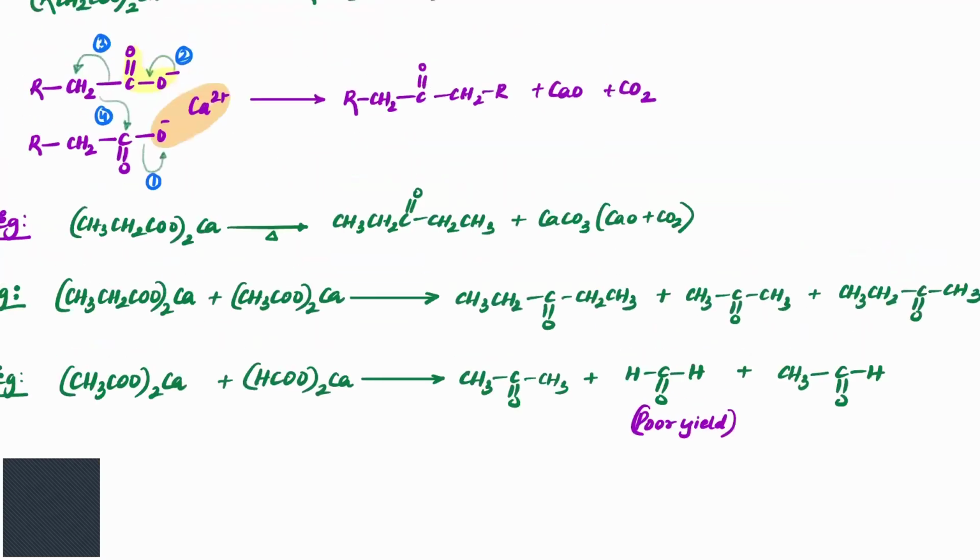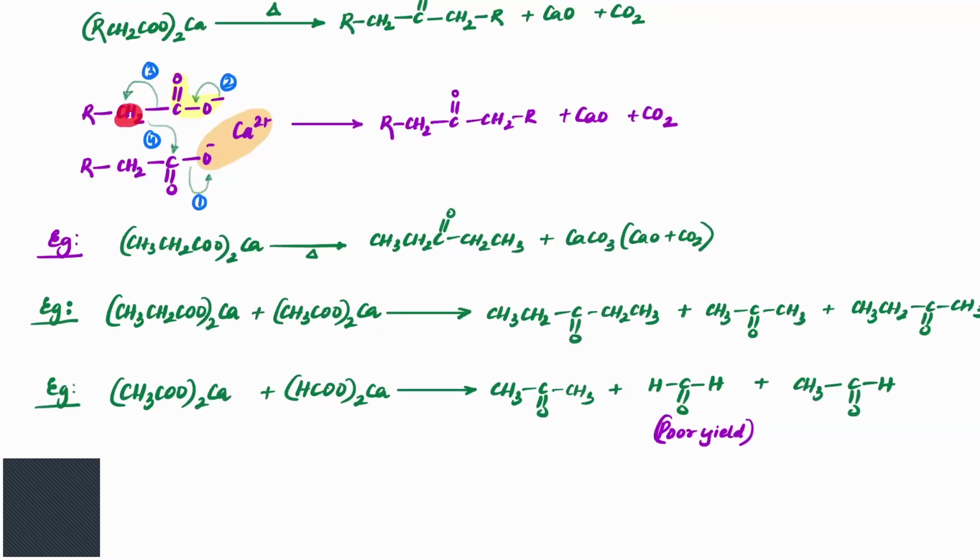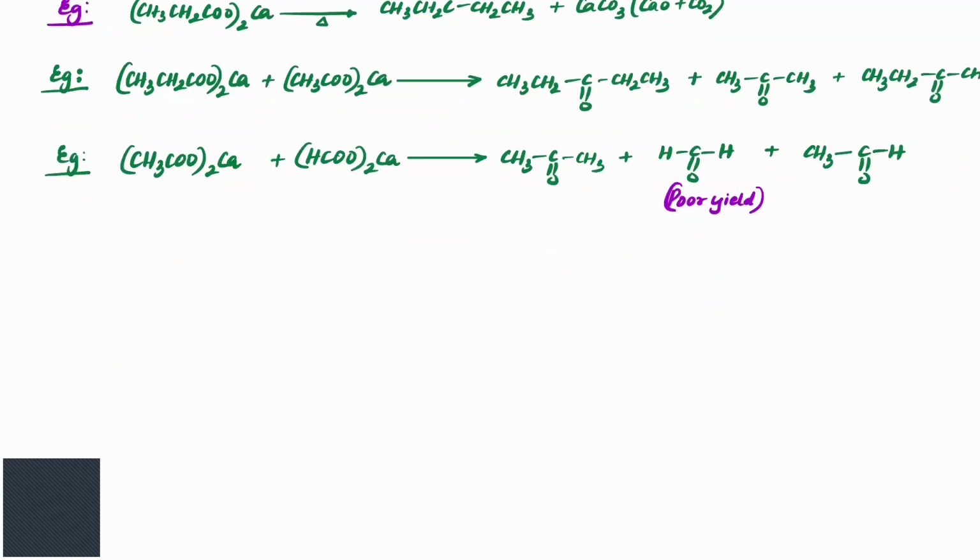Reason being, in the mechanism, if this has to be only hydrogen, it has to form H⁻. Forming an H⁻ is a very, very difficult task. In fact, that H⁻ can actually take this H⁺ and convert into carbon monoxide. So the yield will be weaker. So that is HC(=O)O⁻ and HC(=O)O⁻ and calcium 2+.